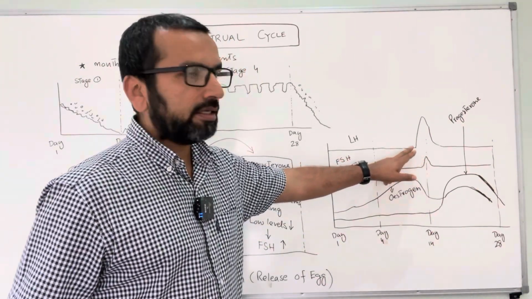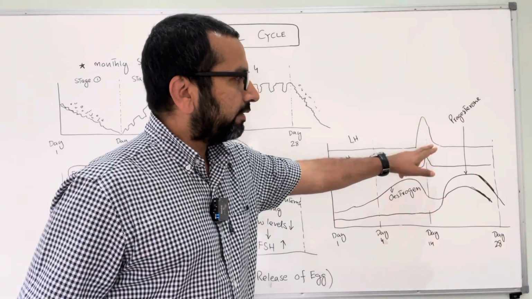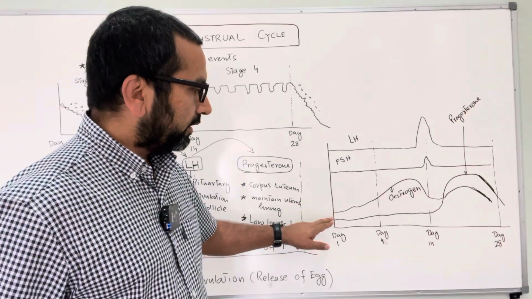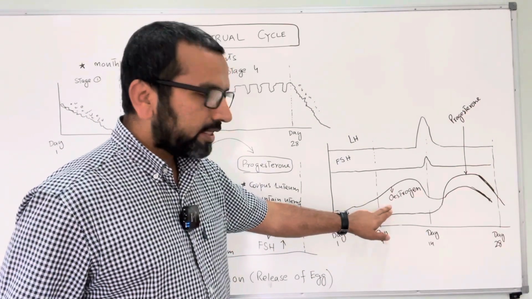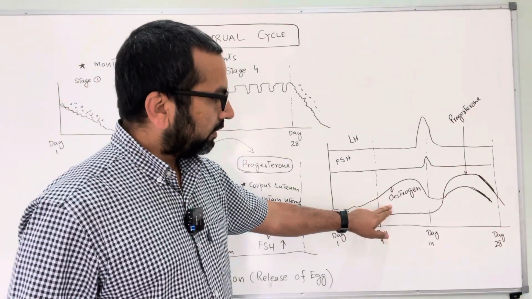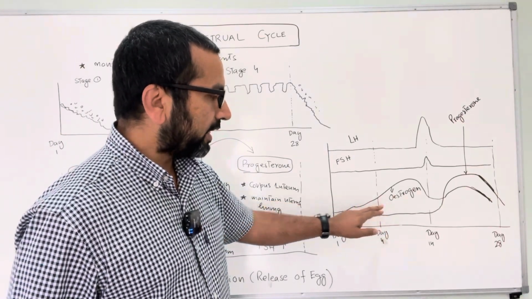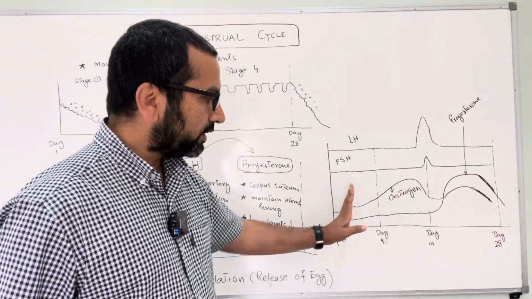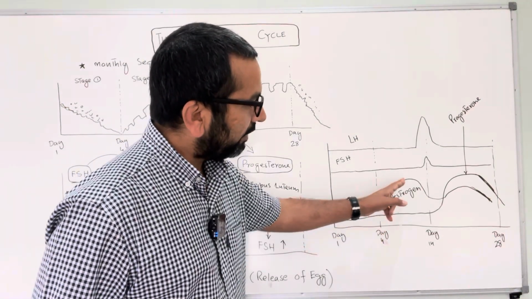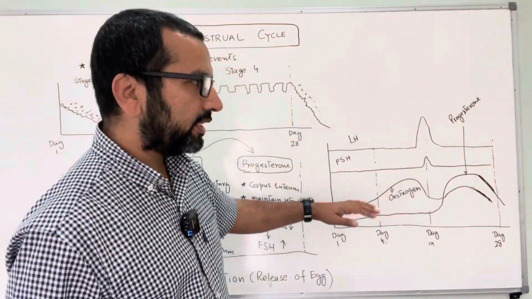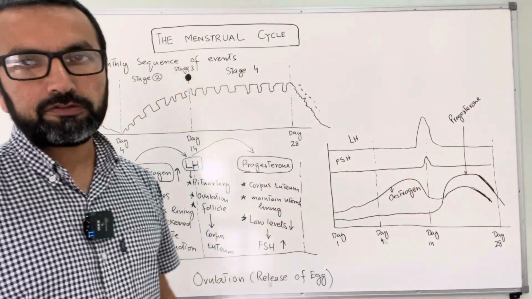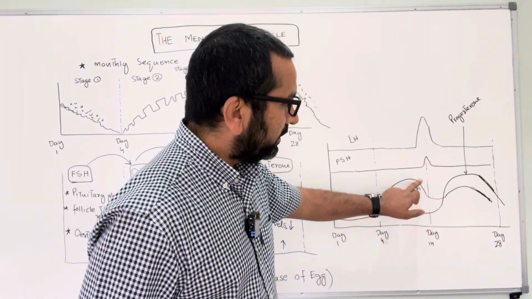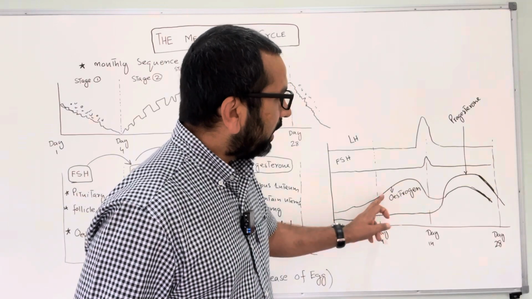So you can see here around day 14 the level of LH is high, and estrogen is involved in the rebuilding of the uterus lining after menstruation, which happens during the first stage. So the level of estrogen will increase during the second stage, which is the stage of rebuilding of the uterus lining, and then it will decrease.